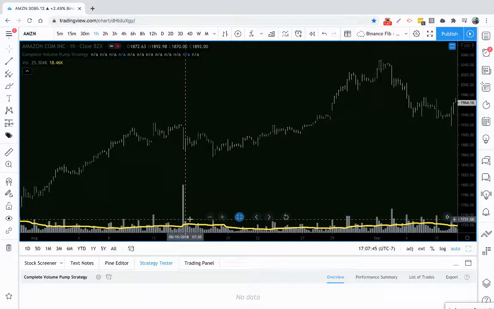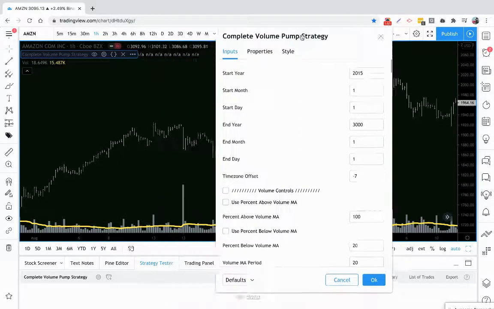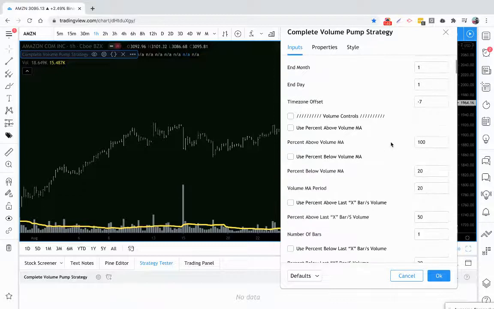Just so you can see how the volume is actually working on the screen, when we go to the complete volume pump strategy volume controls, we have so many different ways to measure and detect volume. The first one is that we can look for volume percent above the volume moving average. Say, for example, I want to find entries that are 100%, or double, the volume moving average.